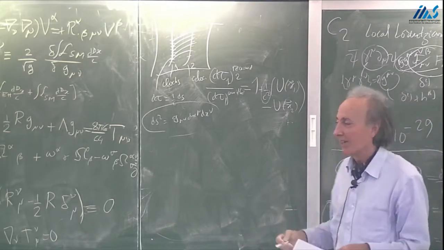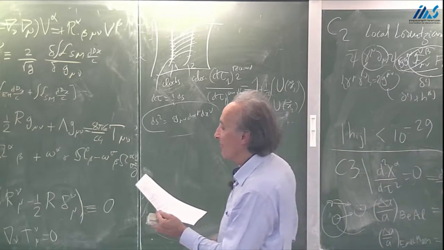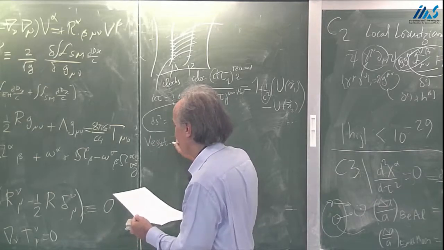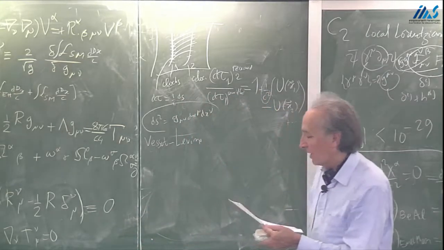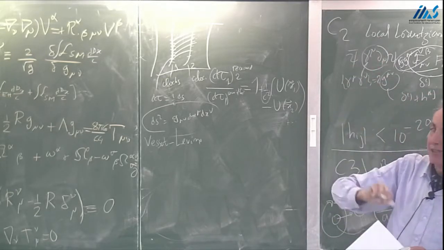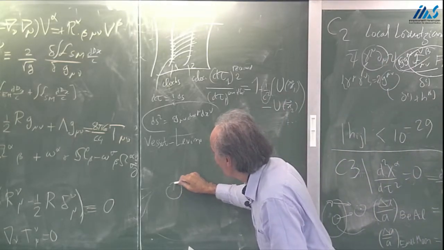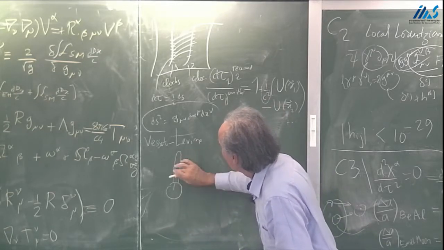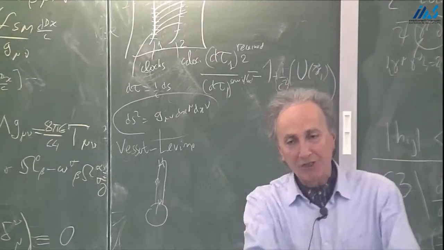And you can do experiments and test whether the coefficient here is equal to 1 or not. This has been done many times, but still the highest accuracy comparison is an experiment done by Vessot and Levine in 1978, where they compared a hydrogen maser clock, which was sent in a rocket 10,000 kilometers up, which is higher than the radius of the Earth, to a hydrogen maser which stayed on the ground.